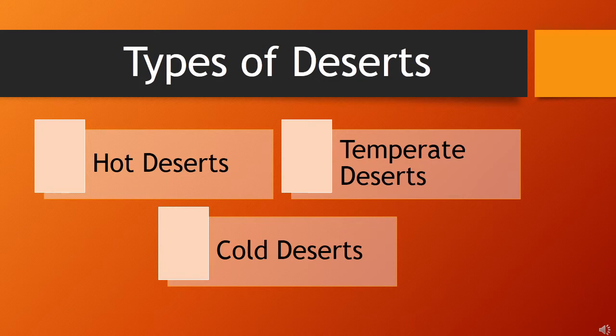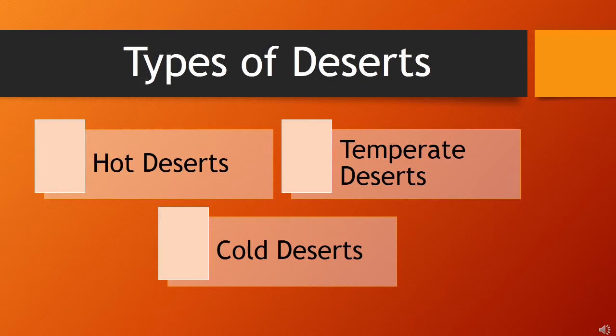Then there are cool deserts or cold windy deserts, that is, you can say temperate as well as cold deserts. The Gobi Desert of Mongolia and China is an example of a cold windy desert, that is, a temperate desert. And the largest very cold desert is Antarctica.